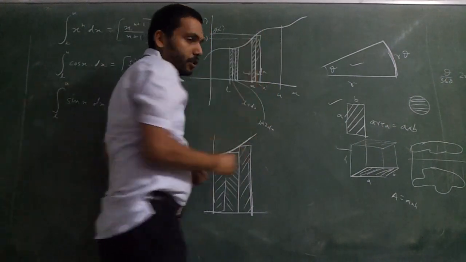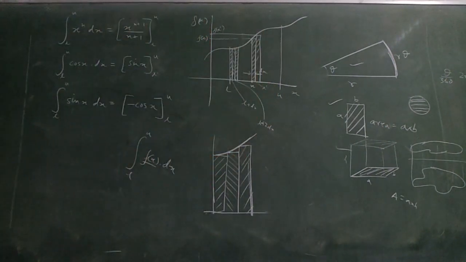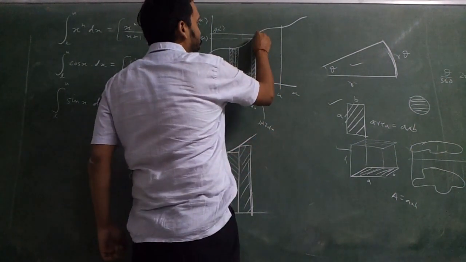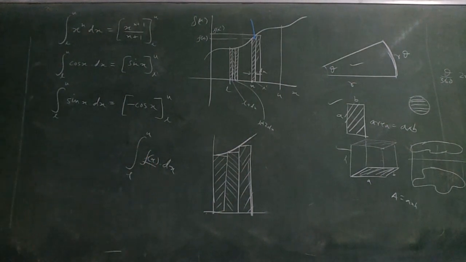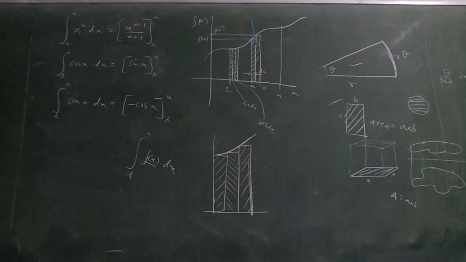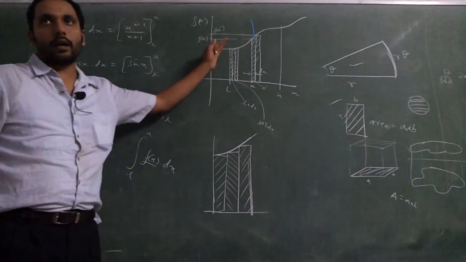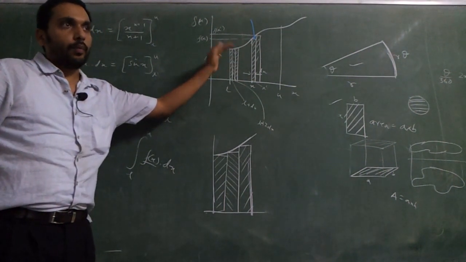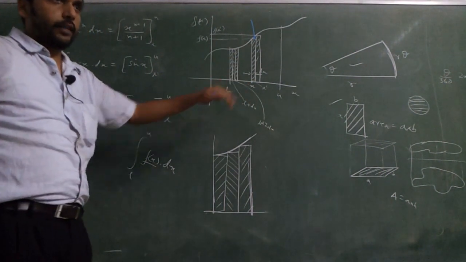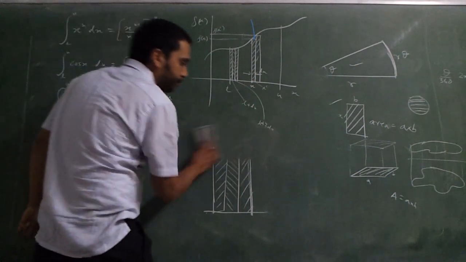So this blue part is what we are losing in the integration. Get the point? If your dx is not tending to 0, then you'll have a huge loss of area, and if it is tending to 0, you have absolutely no loss. Area above the x-axis is positive, area below the x-axis is negative. Okay?